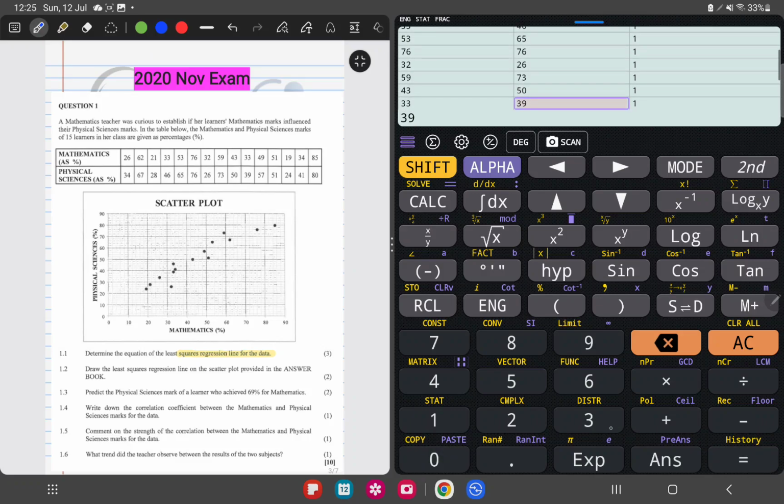Then 39, which we seem to have, then 57, which is correct, then 51, which is still correct, and 24, and then 41, which is correct, and 80, which is correct. So it's very important that you just double check.